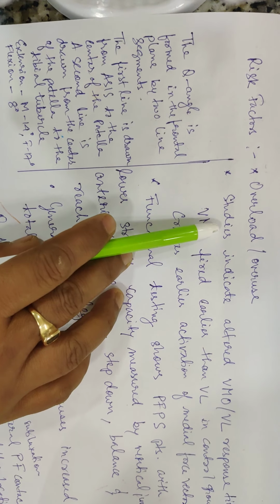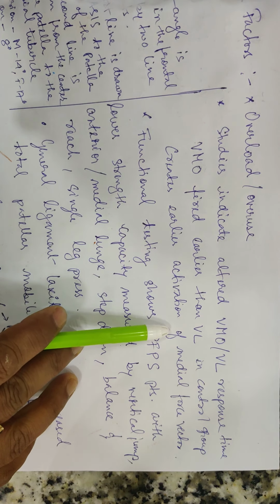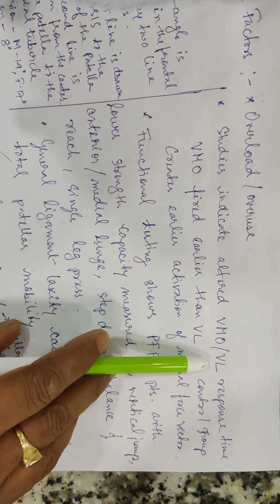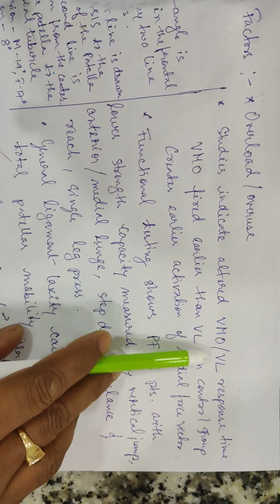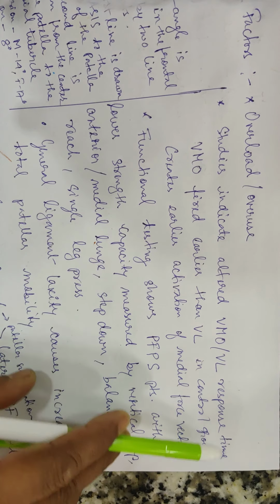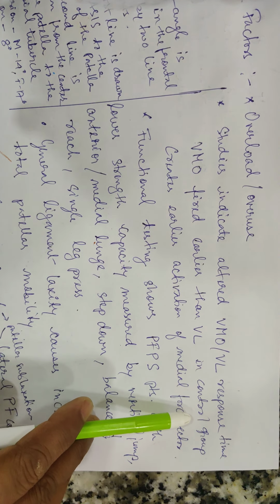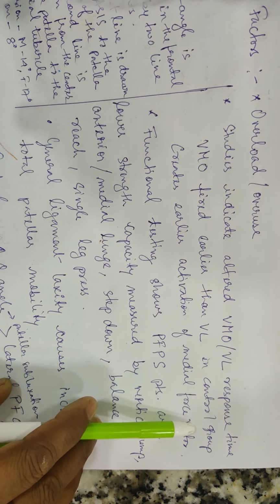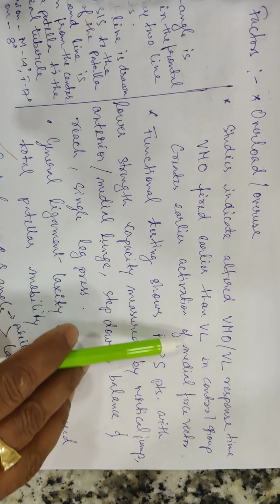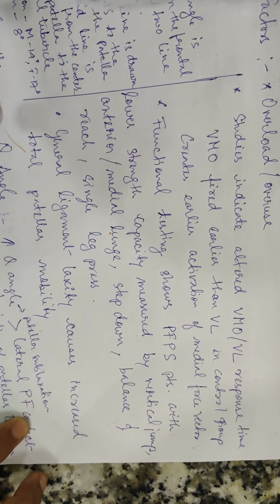Then studies indicate there is altered response time of the vastus medialis obliquus to the vastus lateralis. VMO is fired earlier than the VL in the control group. In the studies they have found it creates early activation of the medial force vector.